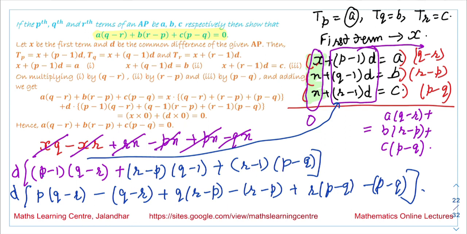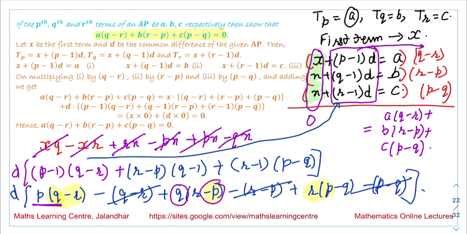Now from these terms, what we are getting is, these three terms, this again gets cancelled, and we are left with p into q minus r. I am talking about these two terms, it is p into q. Over here we will have minus p into q. We are talking about this term, this is p into q, this gets cancelled. Then we have minus p into r, this is p into r plus, and this is with the minus sign.